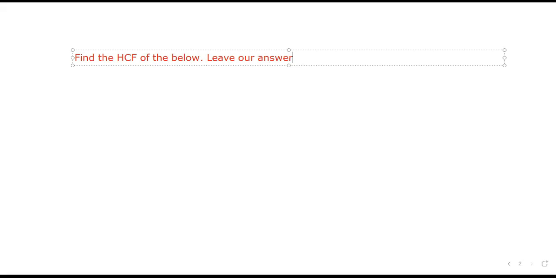If you have something like this that says find the HCF, that's the highest common factor, of the below, and it says we should leave our answers as prime factors.